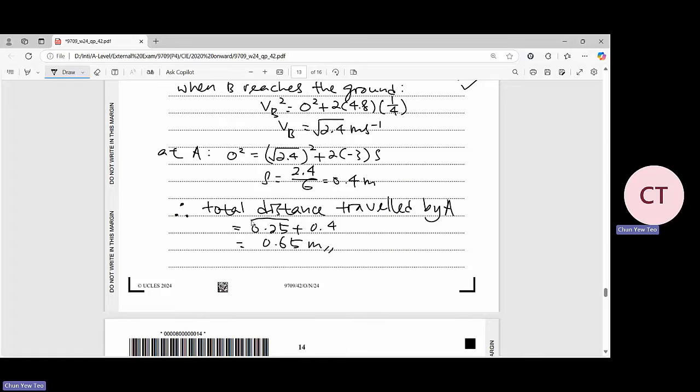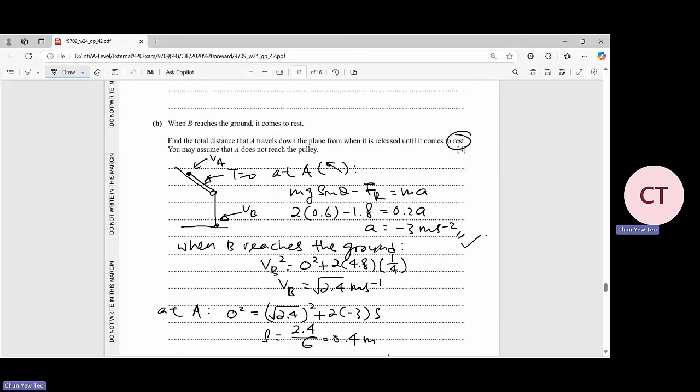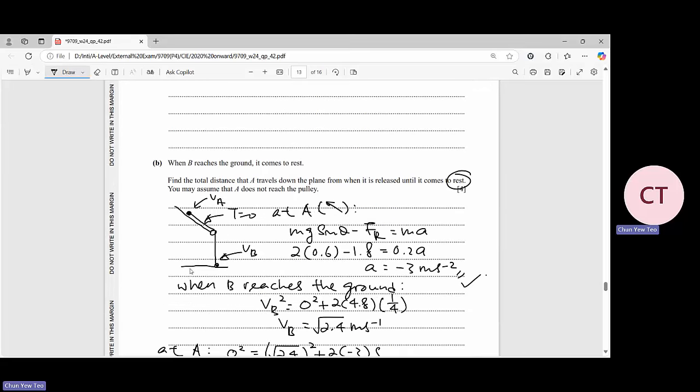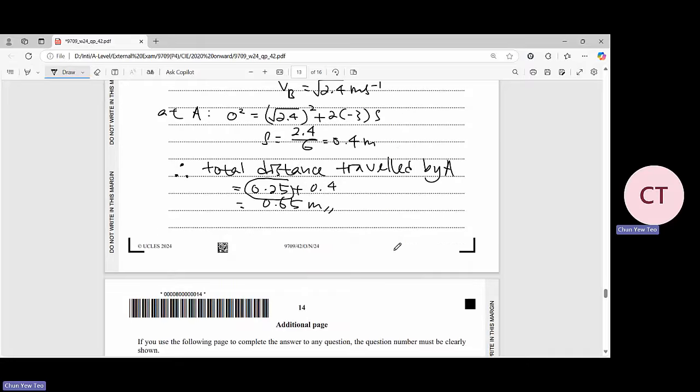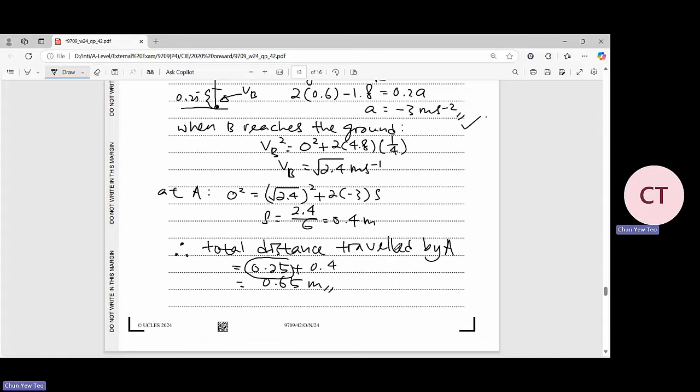Why do we need to add 0.25? Because right before B hits the ground, B has already traveled 0.25. That means A also traveled the same distance, 0.25. So for the total distance traveled by A, you need to add together 0.4 with 0.25. So therefore you get the answer 0.65.